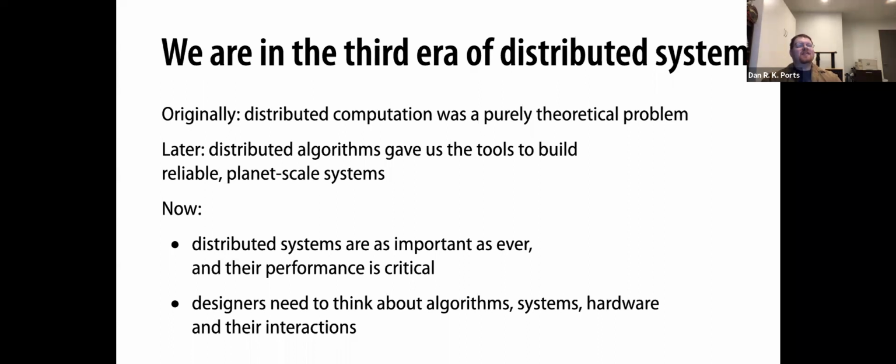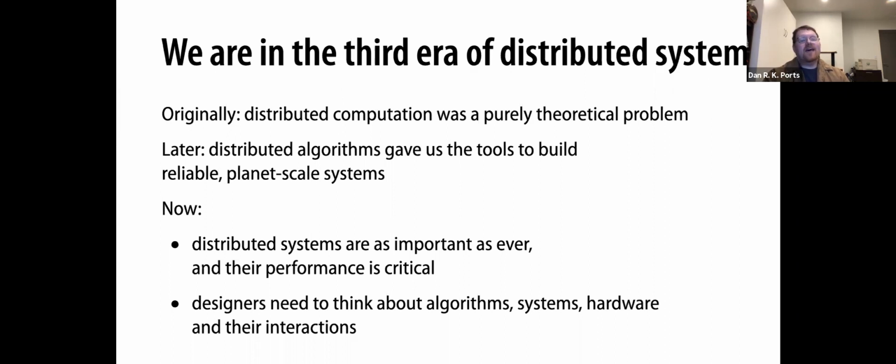And once we started building large-scale distributed systems, the Googles and the Amazons of the world, it was very fortunate that we had these because these distributed algorithms gave us the tools we needed to solve distributed systems challenges, to build reliable systems at large scale.